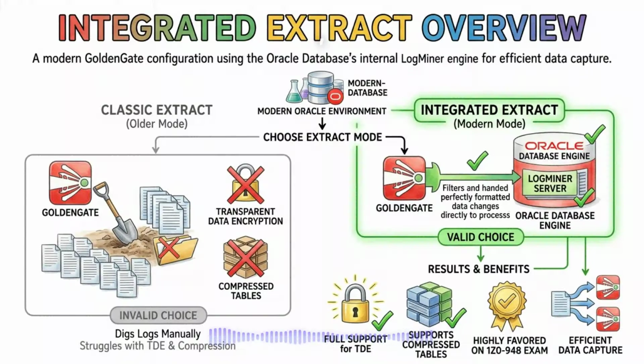By mastering the sequence of capturing the CSN, starting the Extract, running the data export, and launching the Replicat, you elevate yourself from a basic user to a professional replication engineer. The exam tests heavily on this sequence because doing it out of order will completely ruin a production migration.